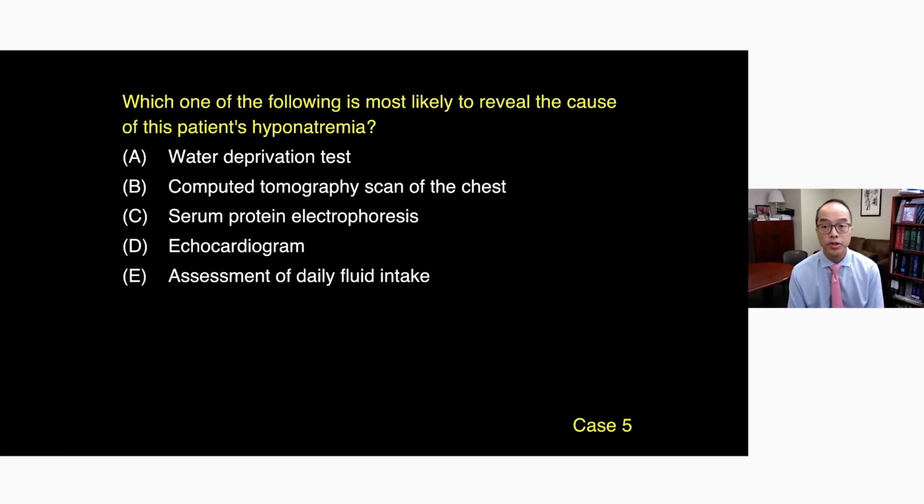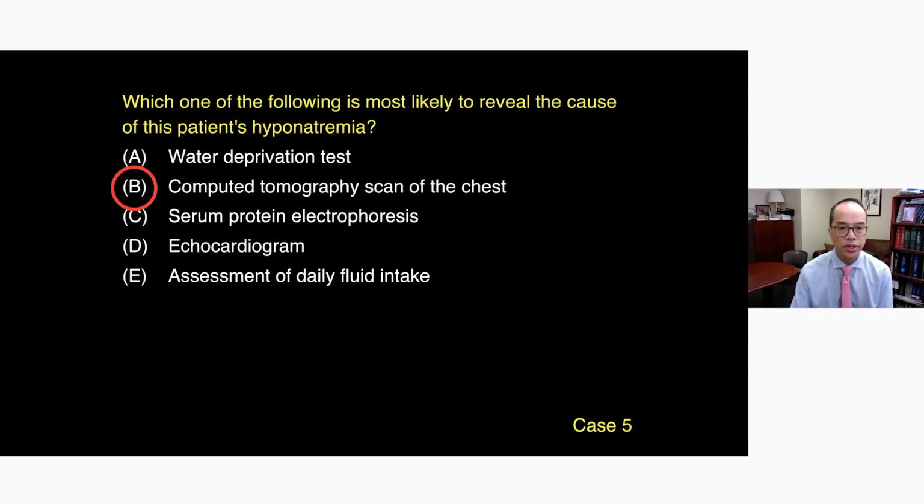Which of the following is most likely to reveal the cause of this patient's hyponatremia? Is it a water deprivation test, CT scan of the chest, serum protein electrophoresis, echocardiogram, or assessment of daily fluid intake? So I would go for B, CT scan of the chest.